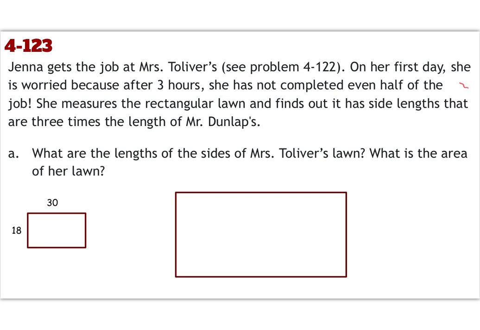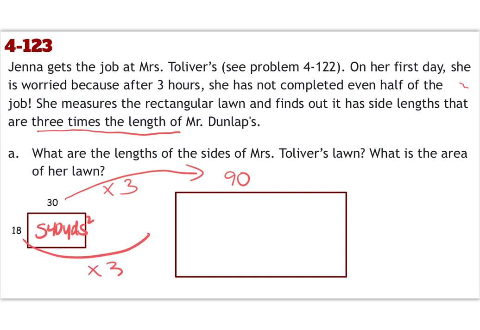Now the area of Mr. Dunlap's lawn was 30 by 18, which was 540 yards squared. If now we're being told that Jenna says that each side is 3 times the length of each of Mr. Dunlap's, we're going to have 3 times 30, which would have been 90, and then 3 times 18, which would be 54.